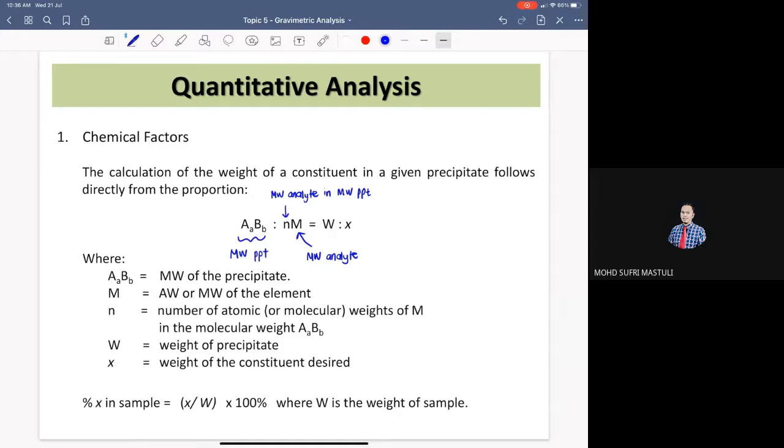W is the weight or mass, we can call it mass or weight, of the precipitate, and X is the mass of analyte.